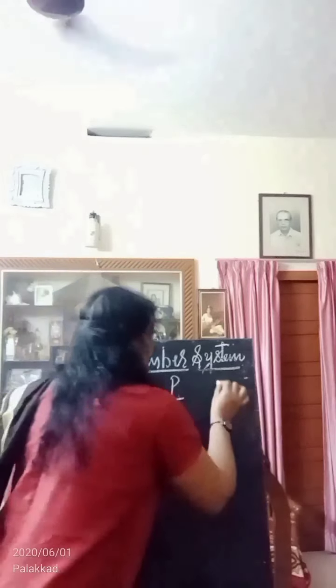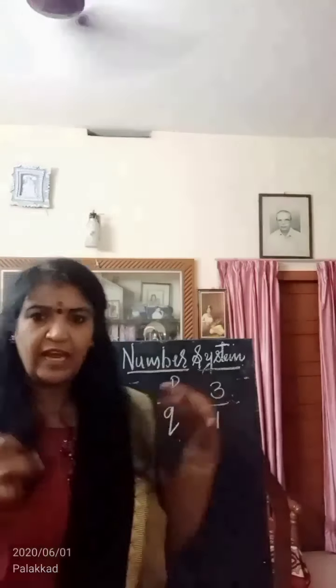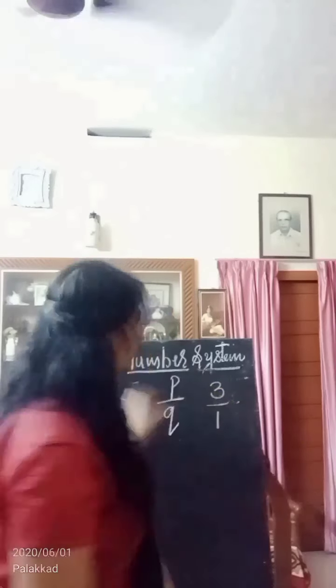For example, natural number 3 can be written in the form of p by q, that is 3 by 1. And 0, is it a rational number? Yes. 0 we can write as 0 by 8, any number, and the answer is 0. So such numbers are called rational numbers, which can be written in the form of p by q.